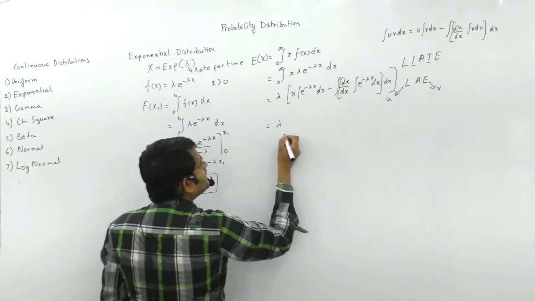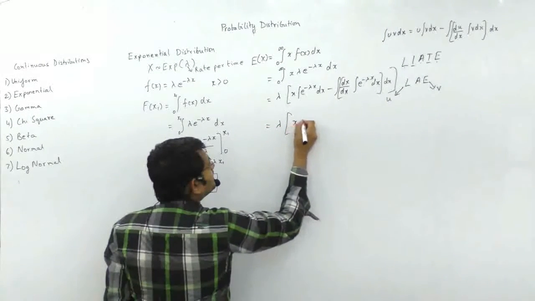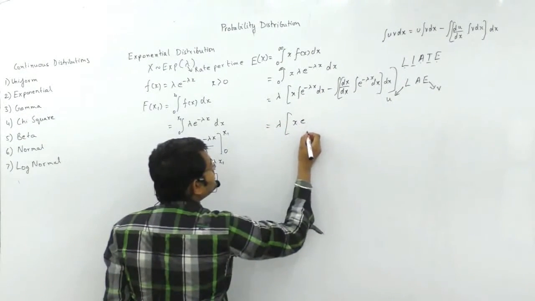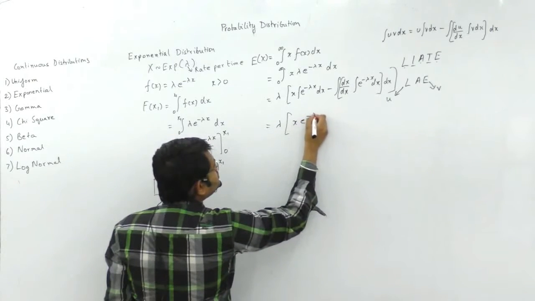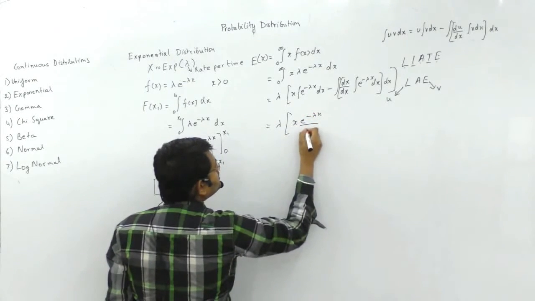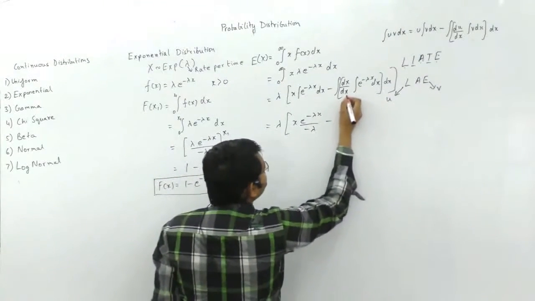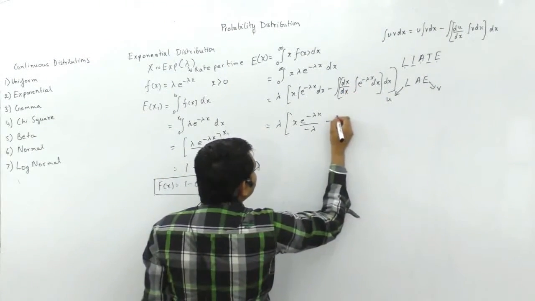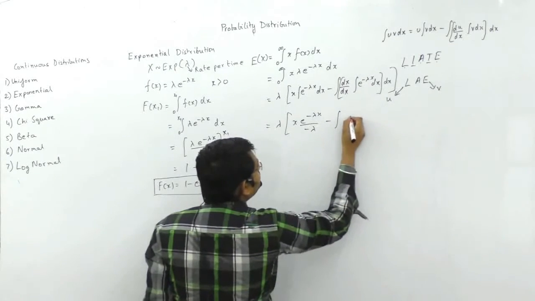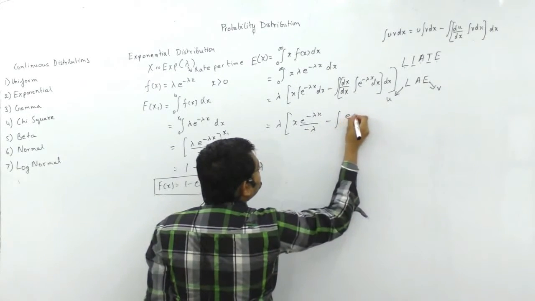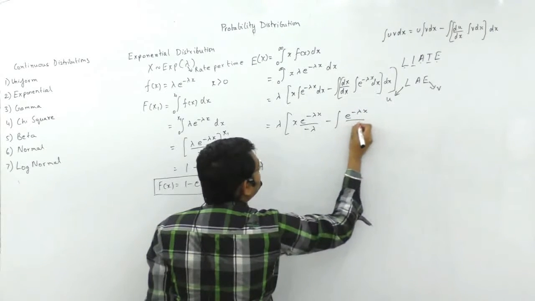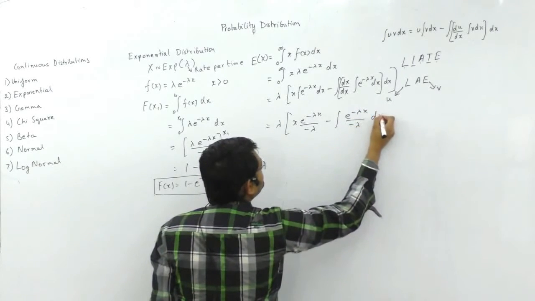So we get lambda x e raised to minus lambda x, integration will be e raised to minus lambda x upon minus lambda, and we'll have minus dx by dx will be 1. So we'll have integration here, e raised to minus lambda x upon minus lambda dx.